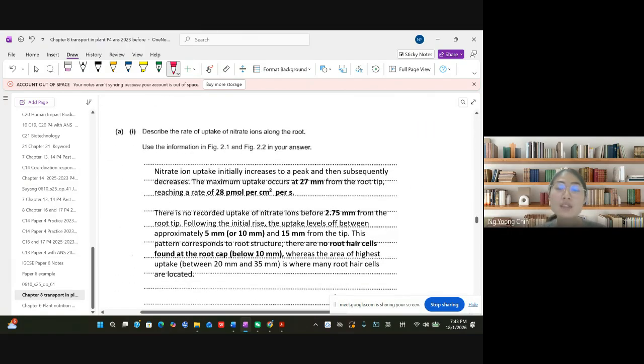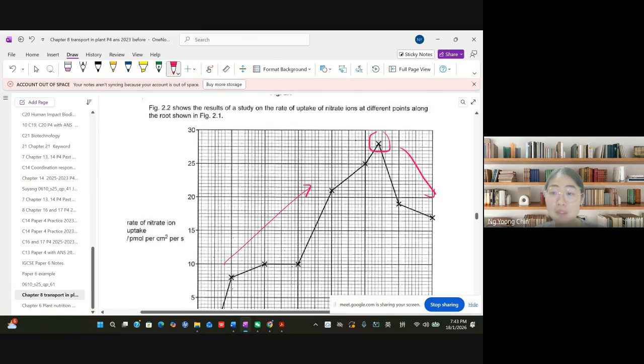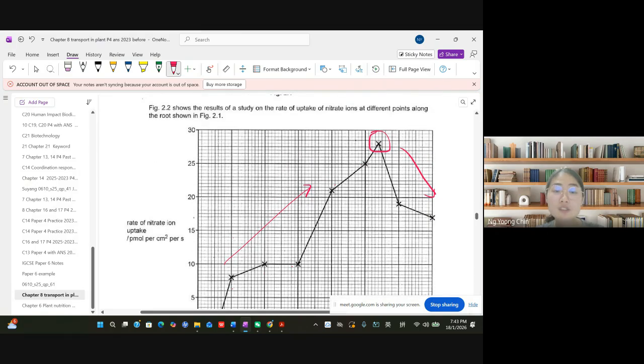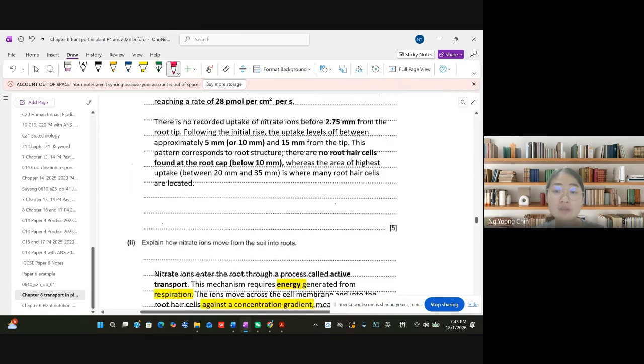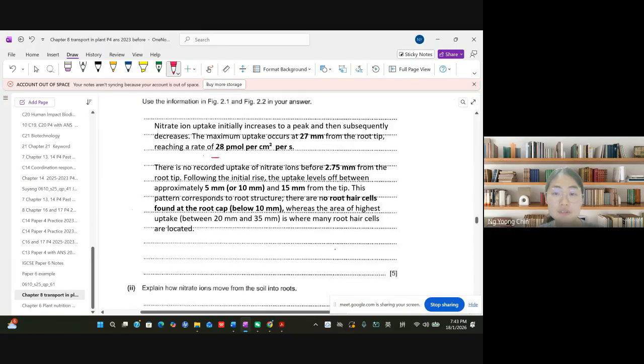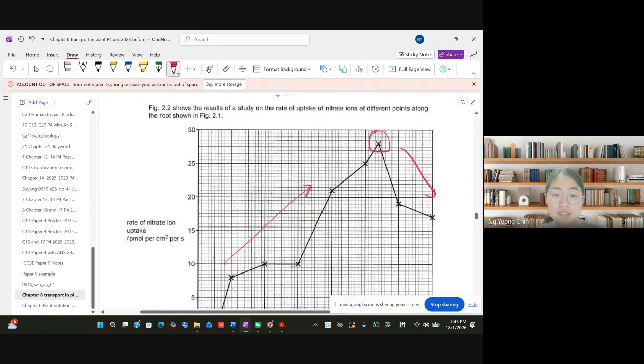And then how about the numbers? The maximum uptake occurs at 27 millimeters from the root tip, which is around here. They absorb most of the nitrate ions by the root hair cell. And here is the rate, which is here, 28.